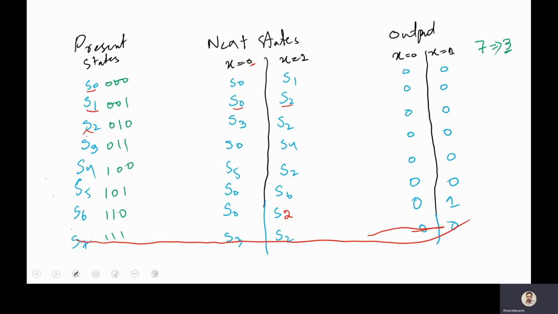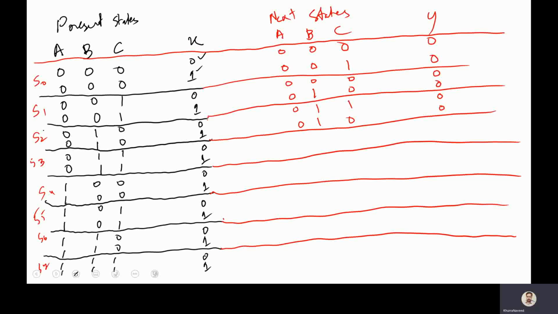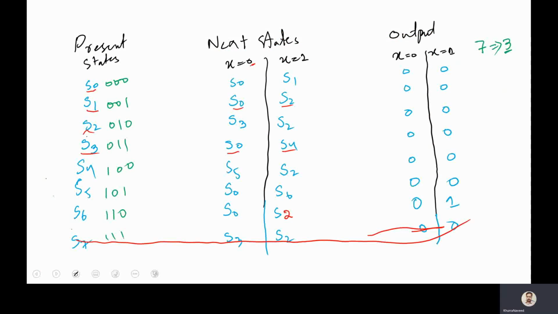Okay, so now we are at state S3, and at state S3, next states are S0 and S4. So S0 means we have 0, 0, 0, and S4 means we have 1, 0, 0. And when we are at state S4, next states are S5 and S2.